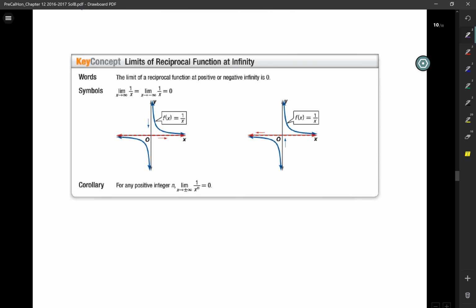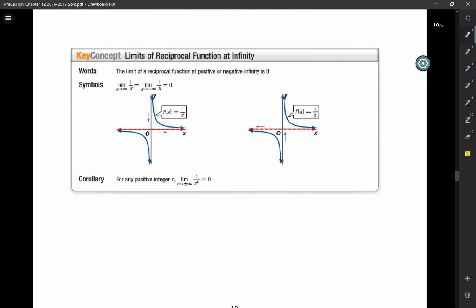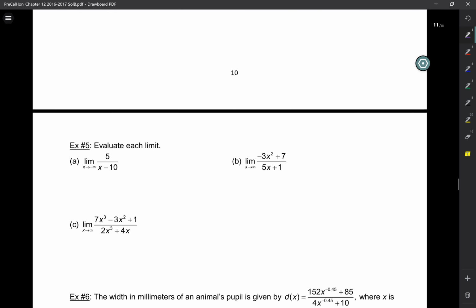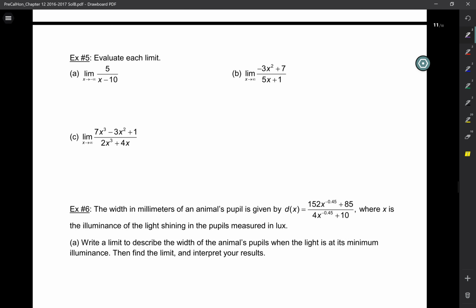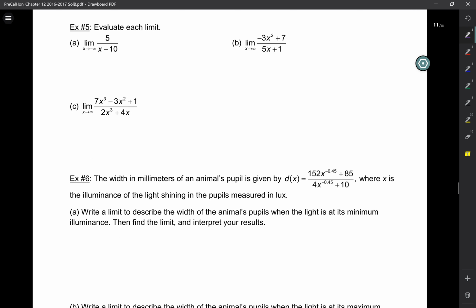Okay, reciprocal functions. When you have 1 over x, they have a horizontal asymptote. So at the infinities, they all go to 0. Now, same thing here. We do the same sort of deal.